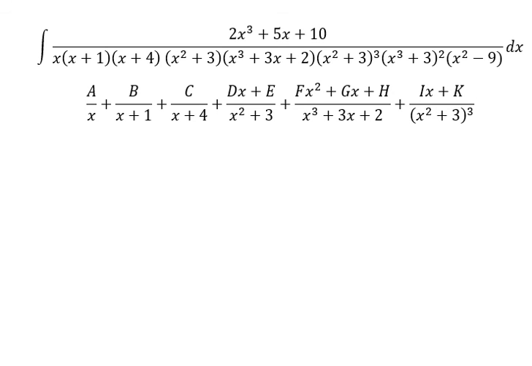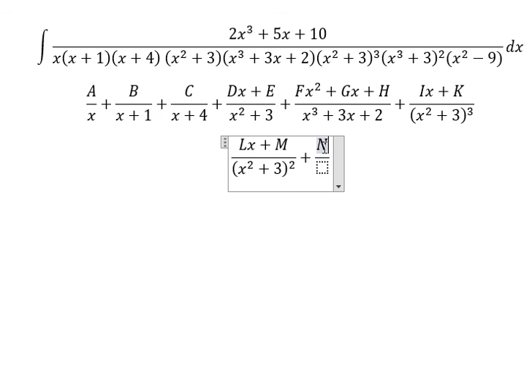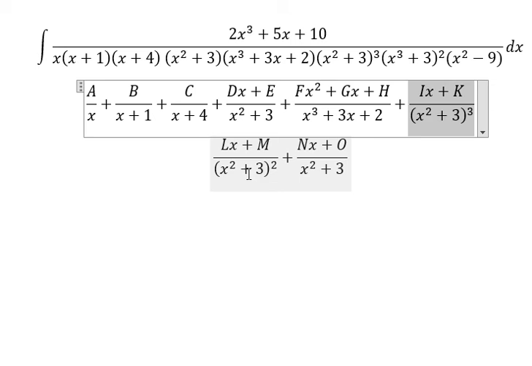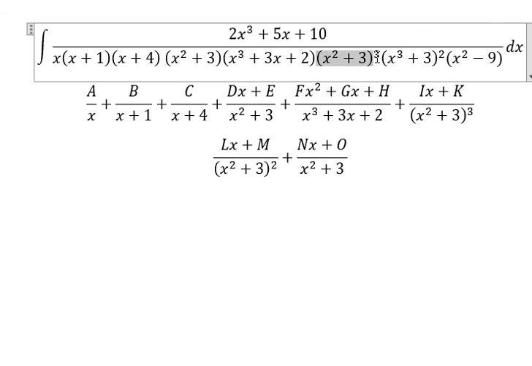So we will have L s plus M over s squared plus 3 to the power of 2. And we continue to reduce 1 power, and we have N s plus O over s squared plus 3. And this is the technique to create the partial fractions for this factor.